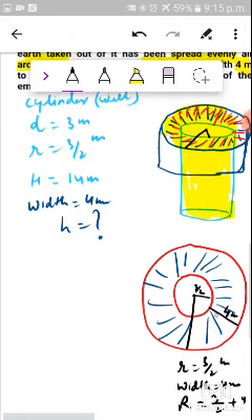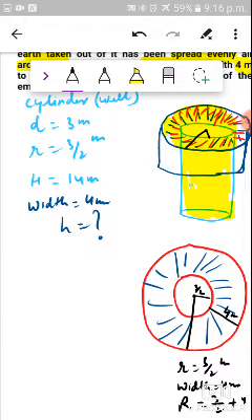Now see the volume of this embankment. The volume of this embankment will be equal to the volume of the well, or we can say the volume of the earth dug out.